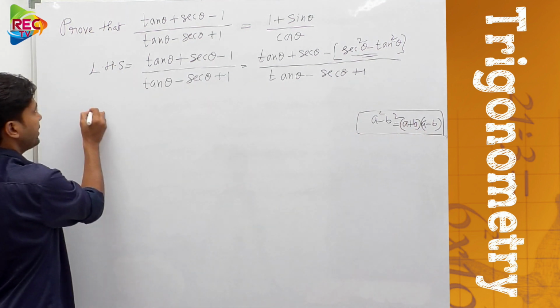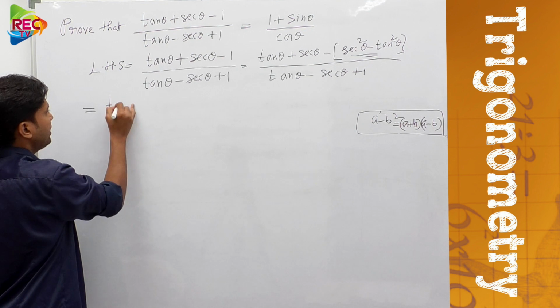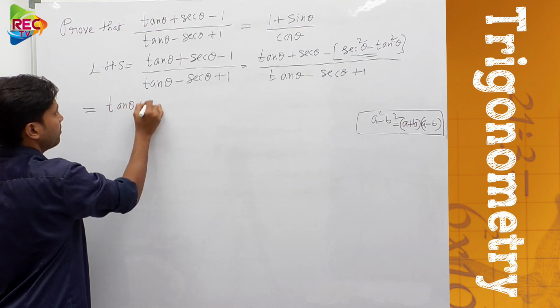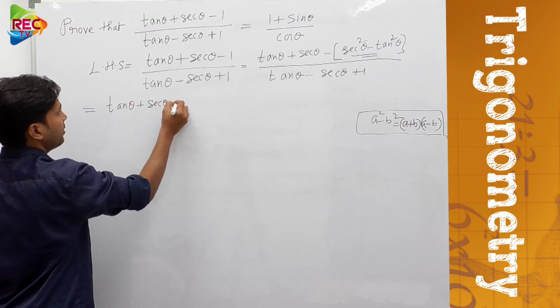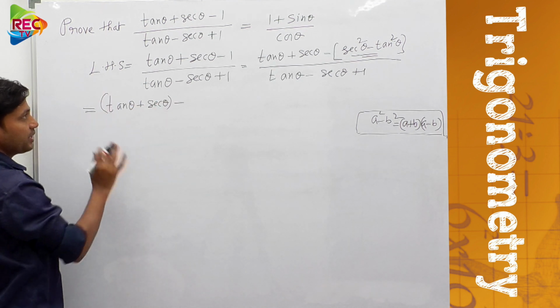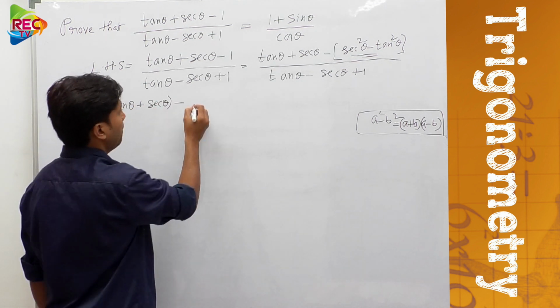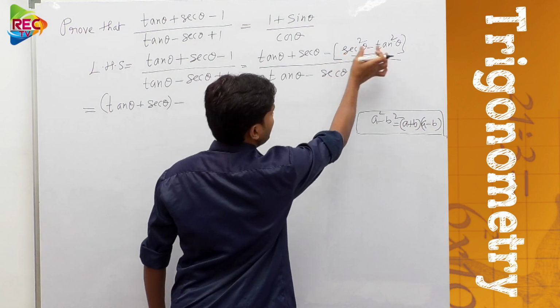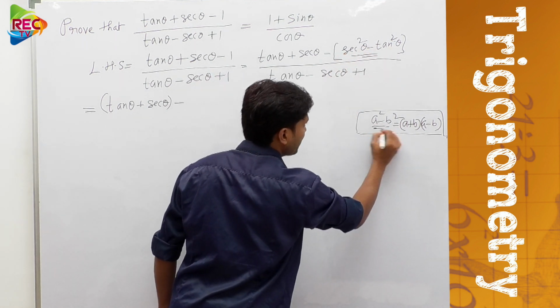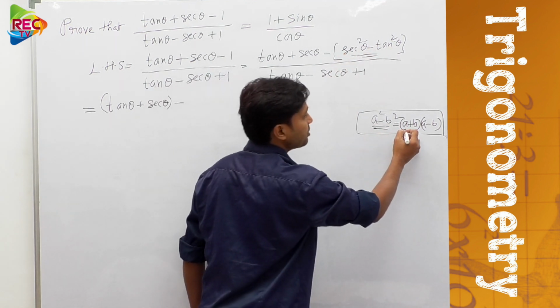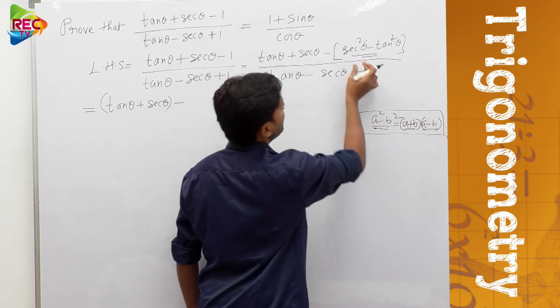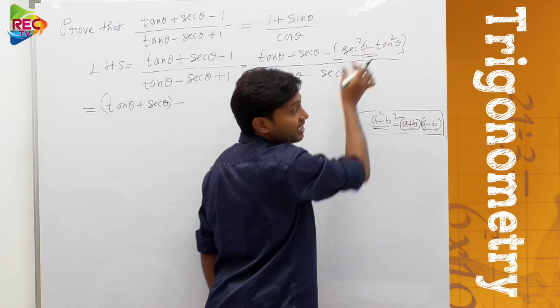Just write it. Tan theta plus secant theta, this entire expression take it as one expression, minus secant square theta minus tan square theta, which is in the form of a square minus b square. So it can be split into a plus b into a minus b. A means secant theta and b means tan theta.